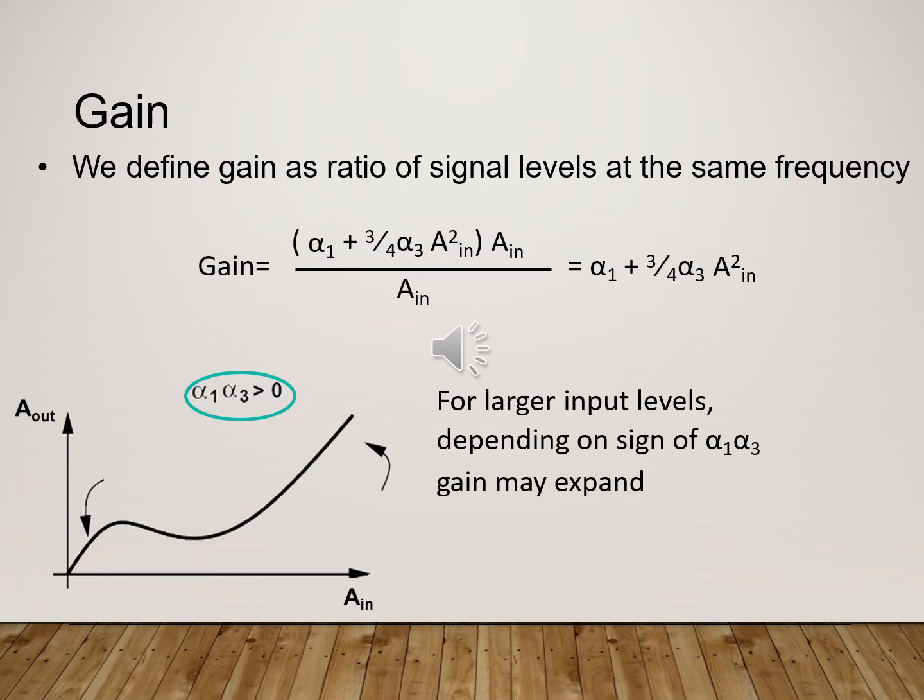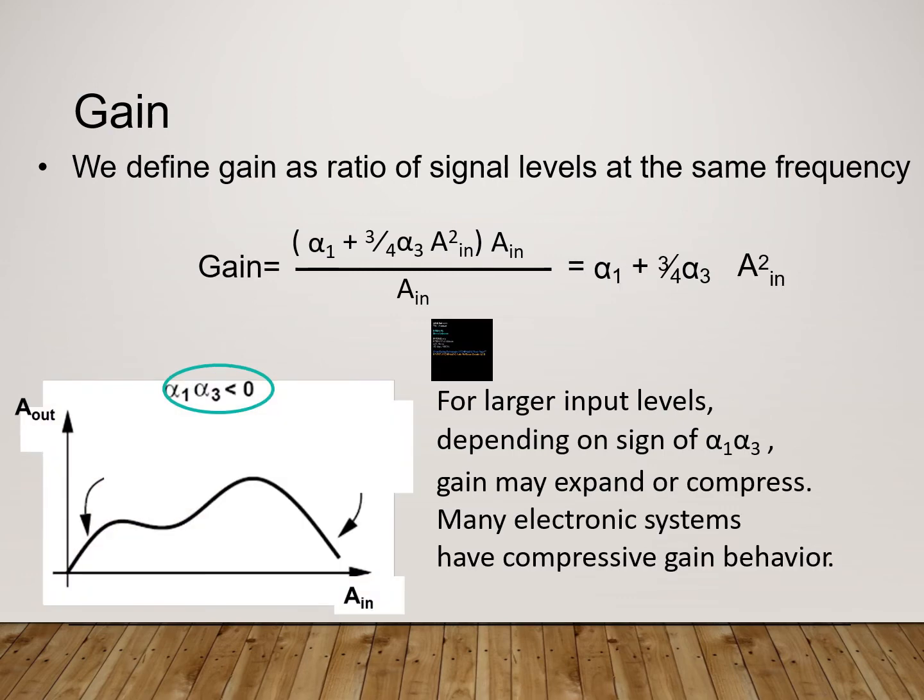If the product of alpha 1 and alpha 3 is positive, the gain may expand, as you see in this slide. If the product of alpha 1 and alpha 3 is negative, the gain will be compressed more and decay to 0.